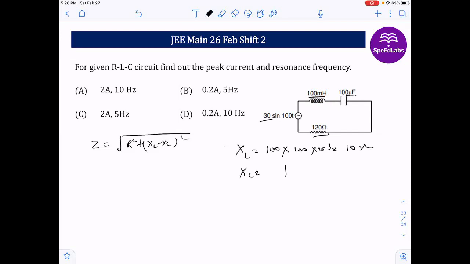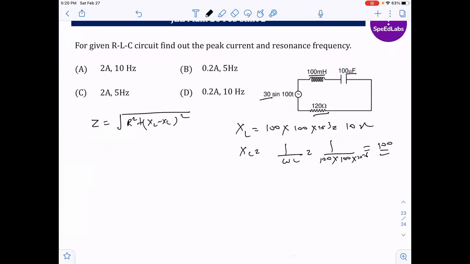What is the value of XC? That is 1 by omega C. Omega is 100 and C is 100 into 10 to the power minus 6. This value will be 100. Done. So to find the value of Z, R is 120, square.